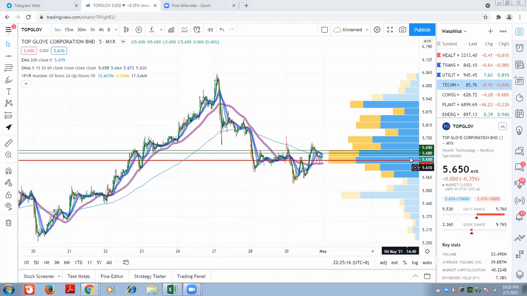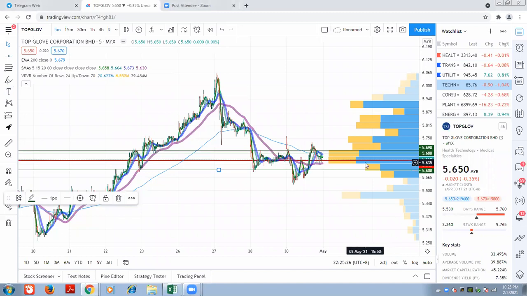Remember this one: price above this accumulated area is good support. When the price is below, this becomes very, very strong resistance. Don't do entry on the highest level of price.